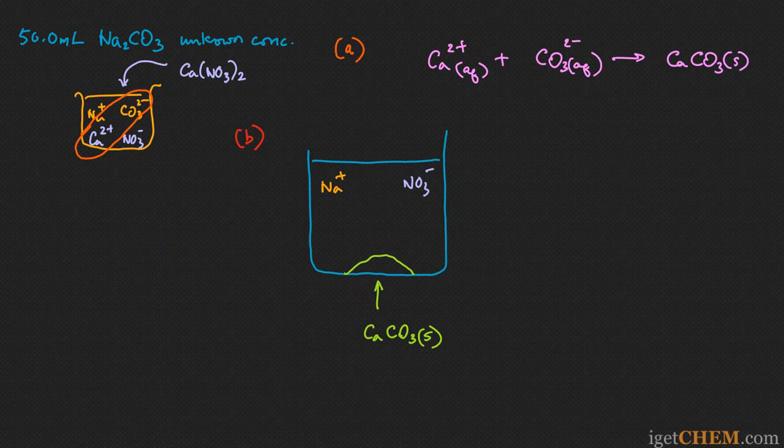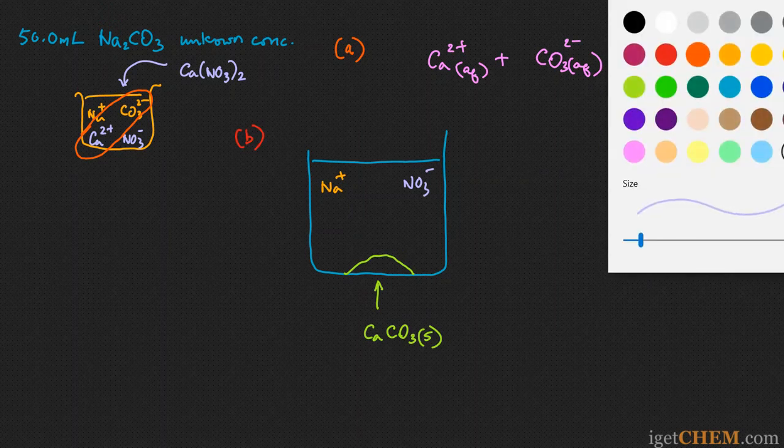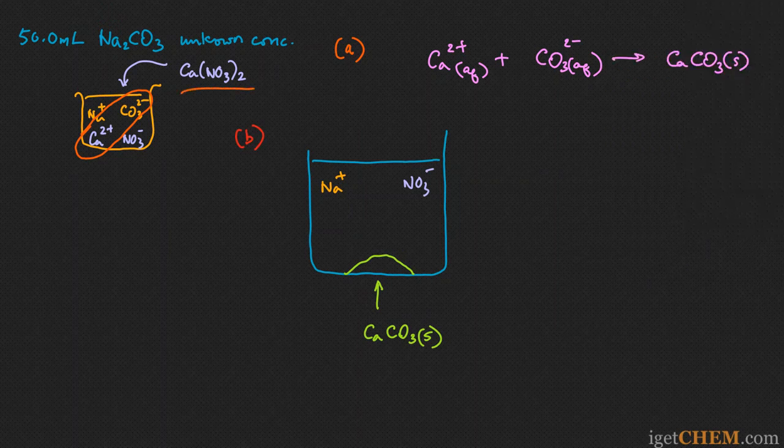Because, according to the problem, we are going to put in an excess, this calcium solution that we're adding in is put in excess. What that means is you will put in more than you need to completely precipitate out the carbonate ions originally present in the sodium carbonate solution.